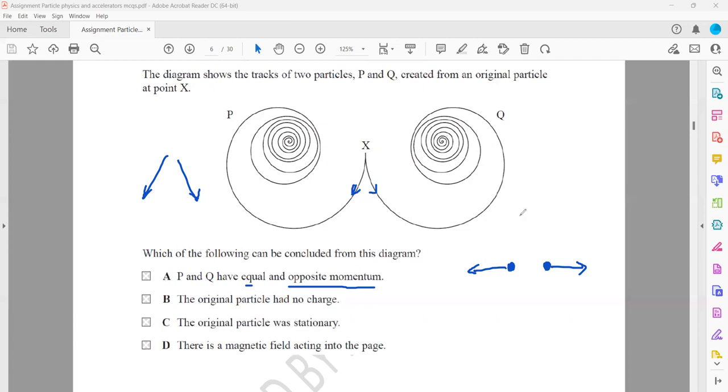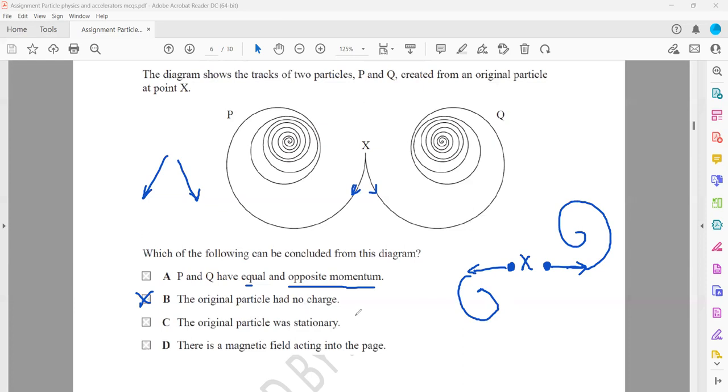Why? Because they're not moving in opposite directions. If they had opposite momentum, then when they are produced, they should move in opposite directions, one clockwise, another anti-clockwise. The original particle had no charge. That's true, because it does not have any track.